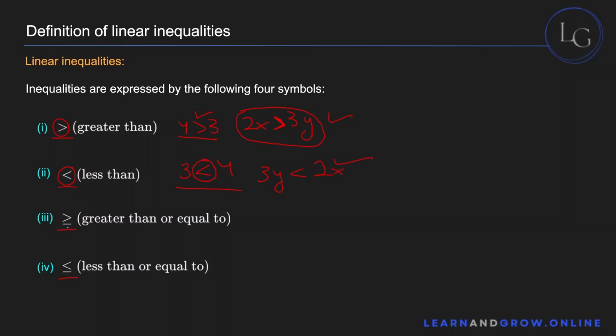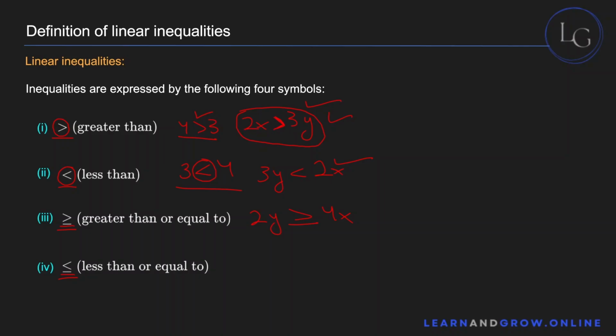Now, if you apply this little addition, the line underneath the symbols, that would mean equal to. So for example, let's just say 2y is greater than or equal to 4x. That means that in the earlier case, 2x is greater than 3y, it does not say that 2x may be equal to 3y.